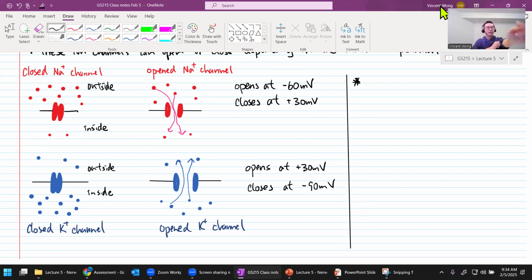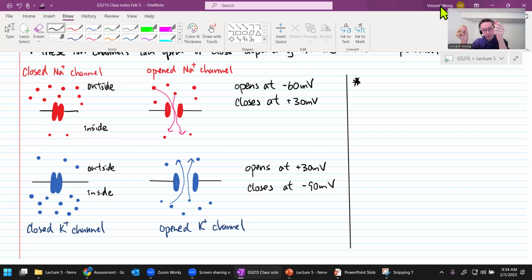All right, so take a look at my low-tech hand animation here. These are the doors. Right now it's closed and then this is open. So here's the thing. They're closed, and when you reach the triggering voltage, because they're sensitive to the voltage, they will open.